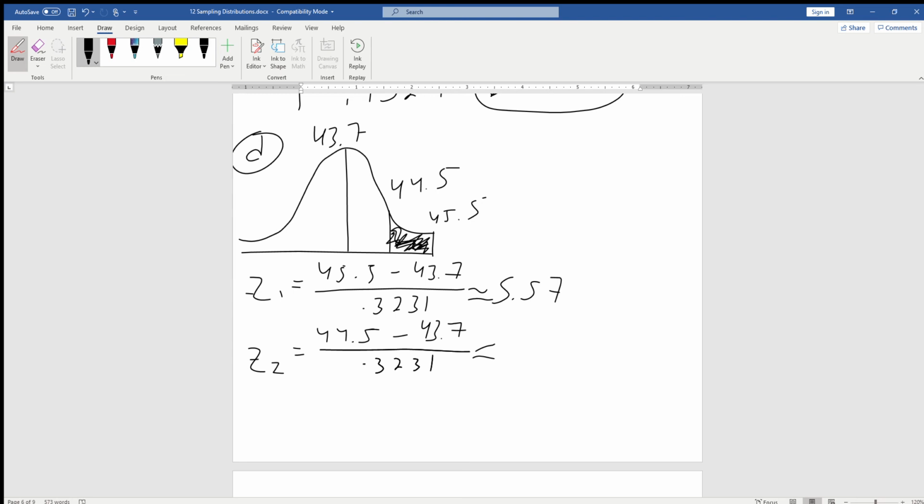For the second one, I got 2.48. Now I'm going to convert both of these using the z-table.